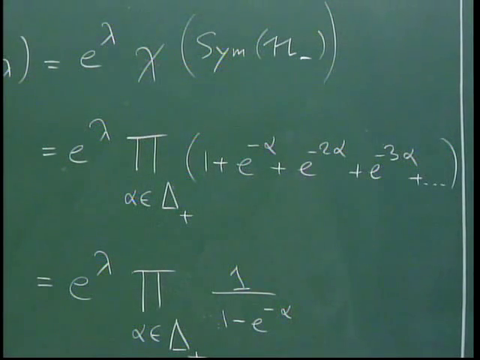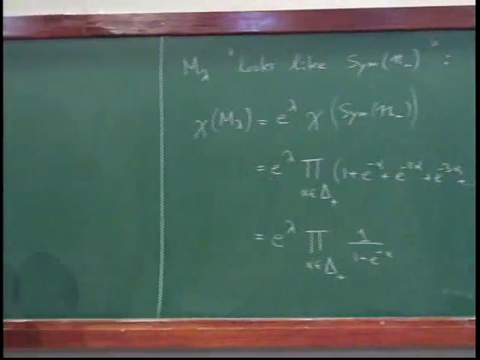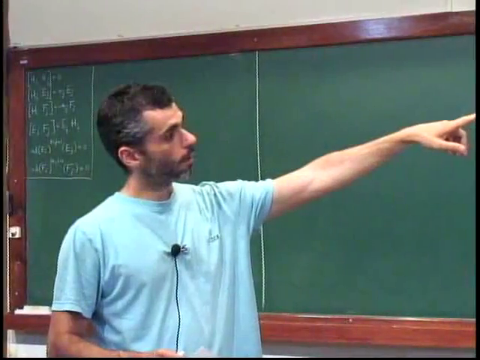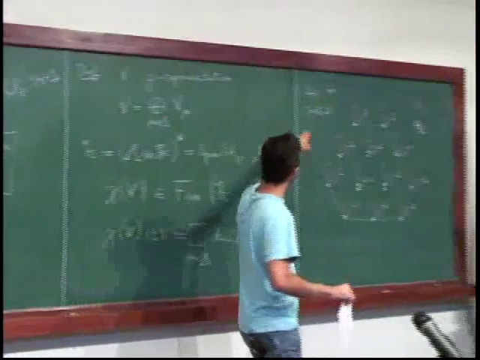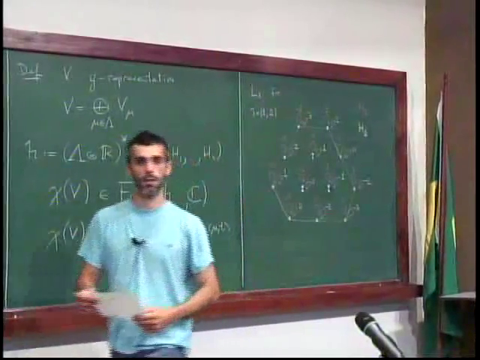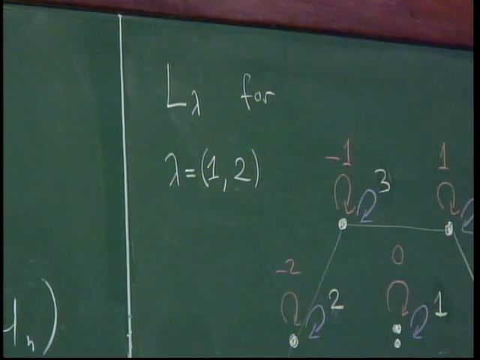Now we care about the character of L lambda. So it's going to be convenient to extend the definition of L lambdas to also include the case when lambda is not a dominant weight. So L lambda is no longer going to be finite dimensional.